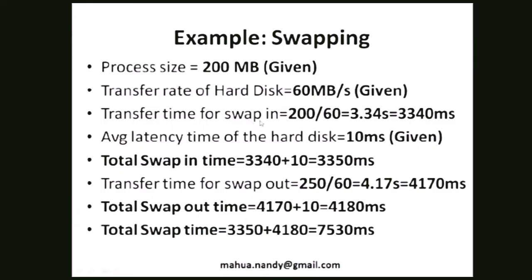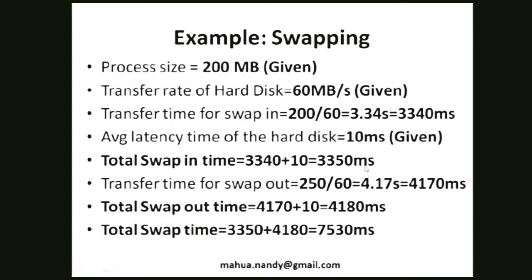So transfer time for swap in equals 200 by 60, that is 3.34 second or 3340 millisecond. And average latency time of the hard disk is also given equal to 10 millisecond. So the total swap in time equals 3340 plus 10 millisecond equals 3350 millisecond.